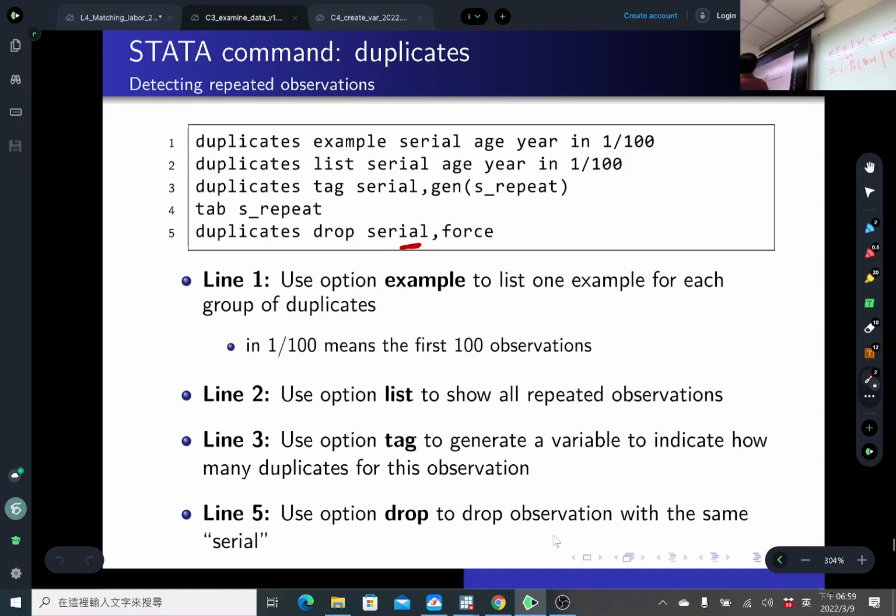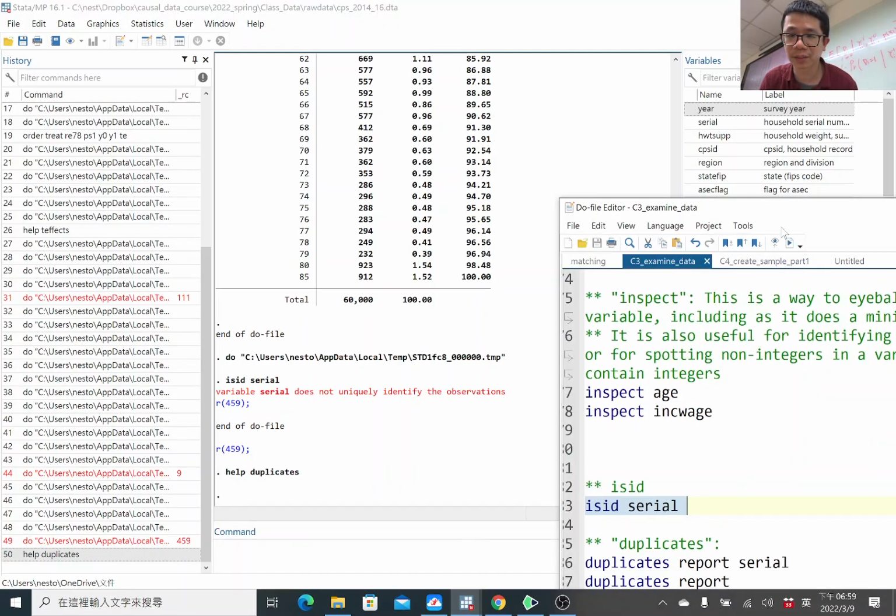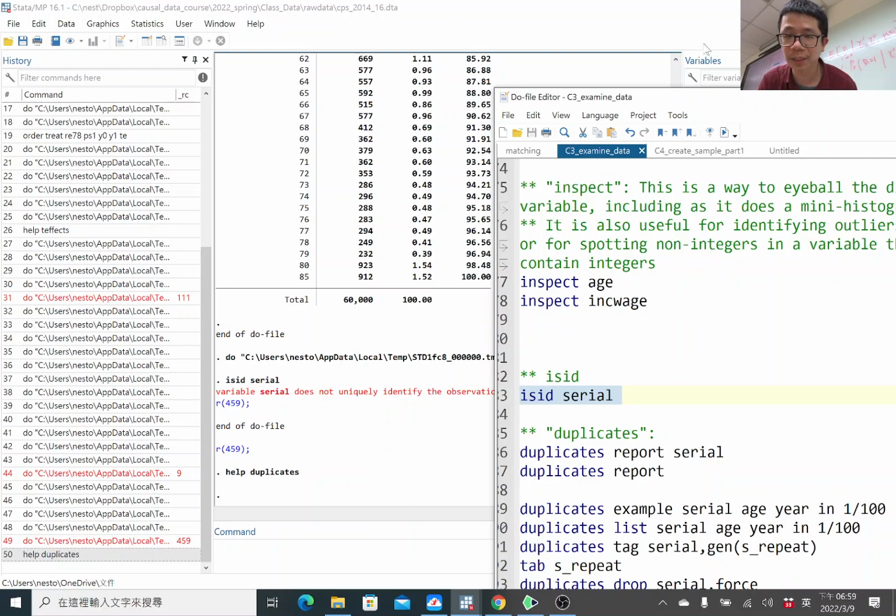Sometimes it may not let you do that, because dropping observations could be not a good thing. If it does not allow you, you can type force to make it directly drop.